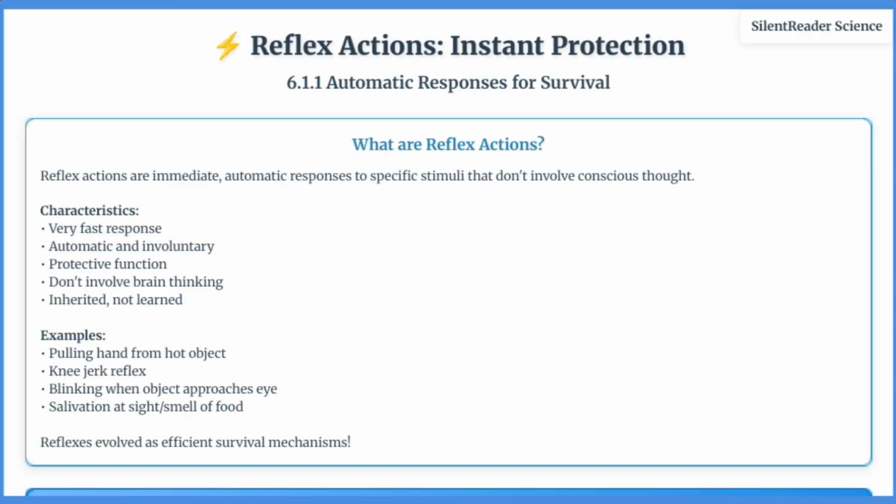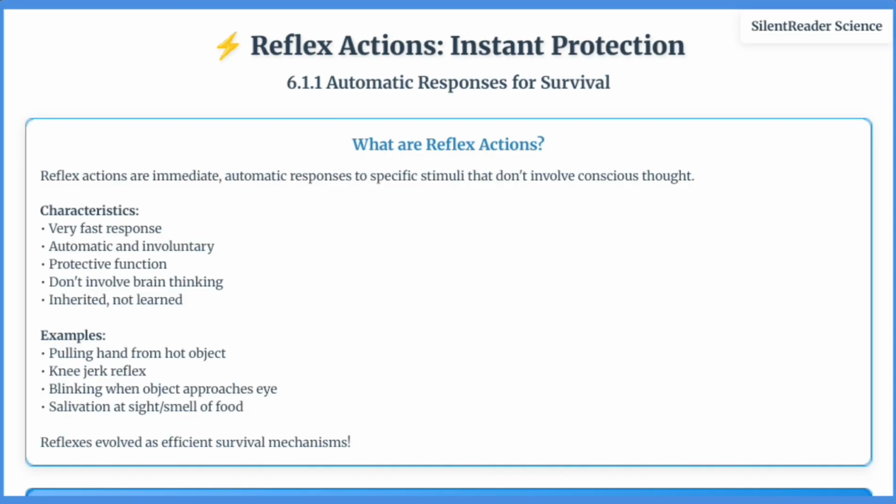Reflex arcs provide a direct pathway in the spinal cord that bypasses the brain for faster response. The pathway is stimulus detected by receptors, sensory neuron carries impulse to spinal cord, relay neuron in spinal cord processes it, motor neuron carries response to effector muscles, and the action occurs.